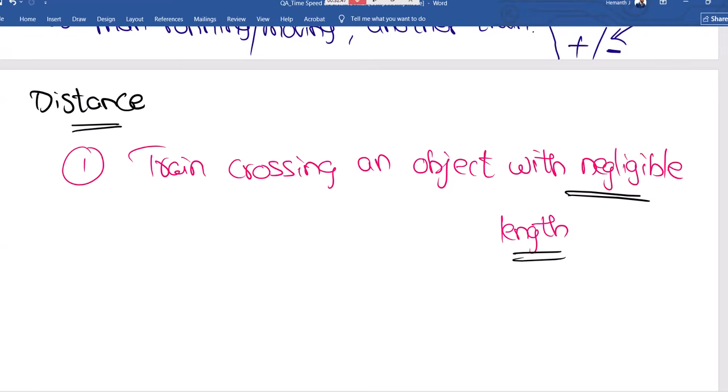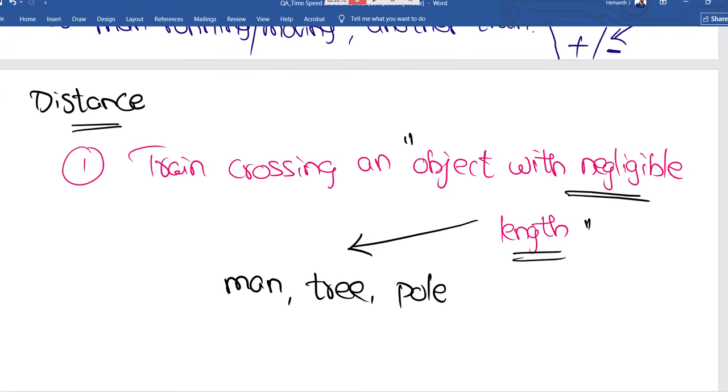So what are those examples? In all these cases, a train crossing an object with negligible length, compared to train length, which might be 1 kilometer, 1000 meters, 800 meters, 900 meters, man length is negligible, tree length is negligible, pole length is negligible.